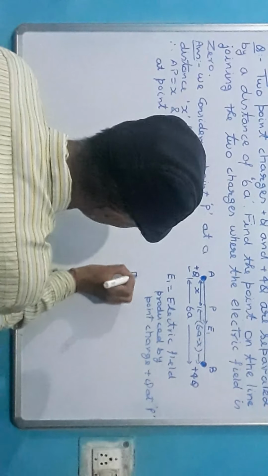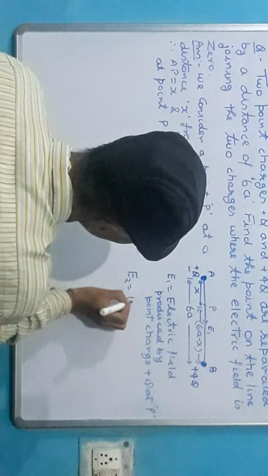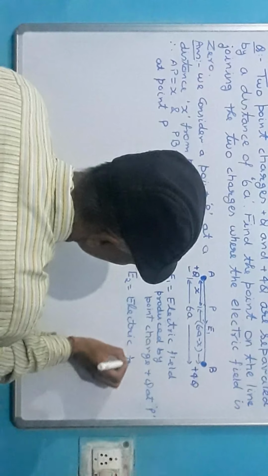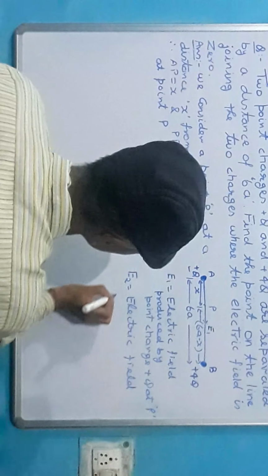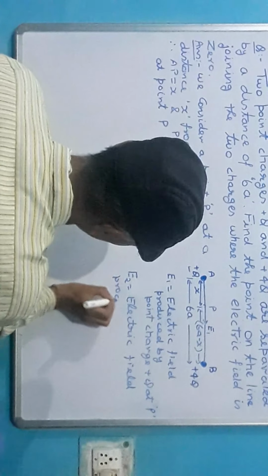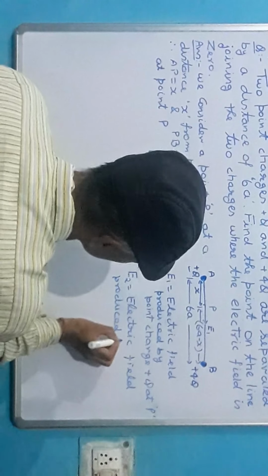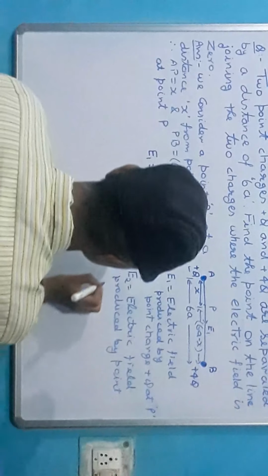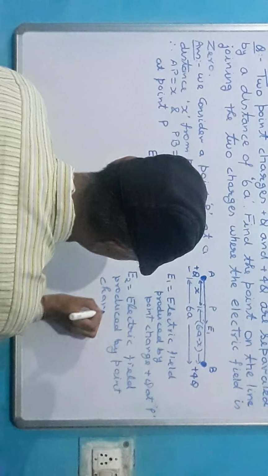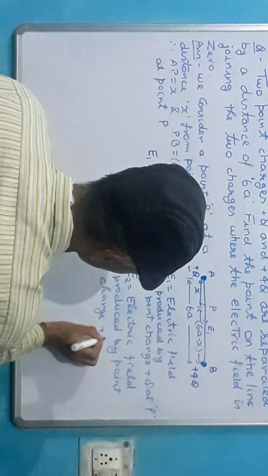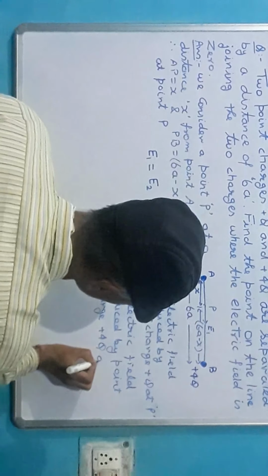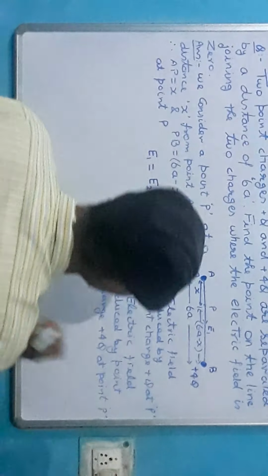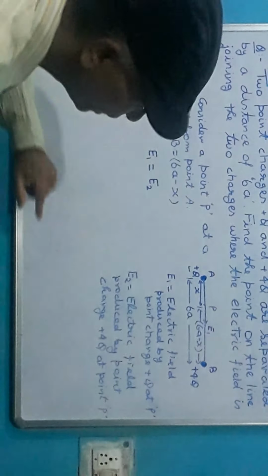In the same manner, E2 is the electric field produced by point charge plus 4q at point P. What will be the direction of E2?